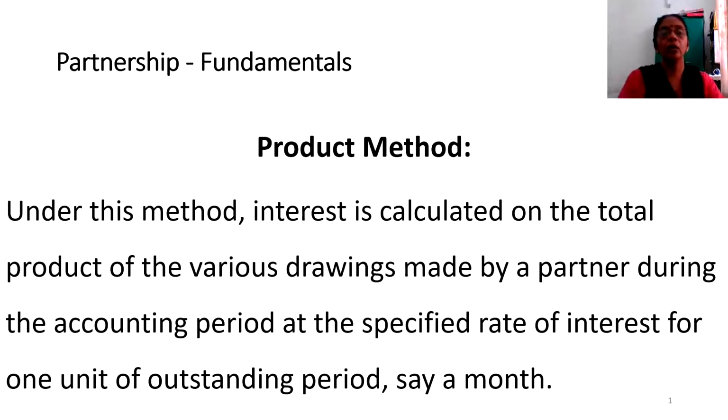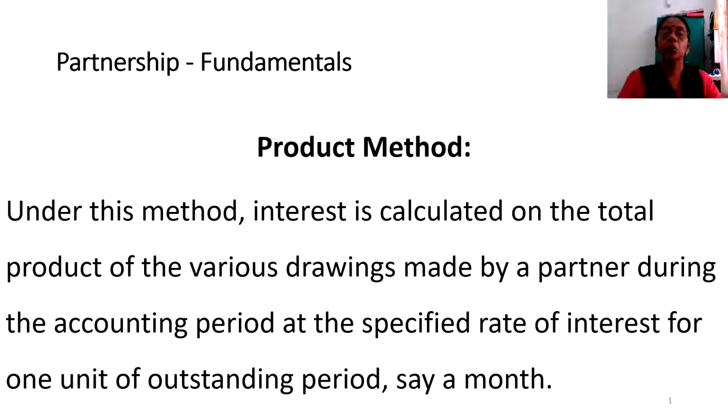Before I begin with this computation method, let me tell you drawings are of two types. Regular, that happens at equal frequency, equal time intervals, and irregular withdrawals, where the partners would be withdrawing the money from the business as and when they need.